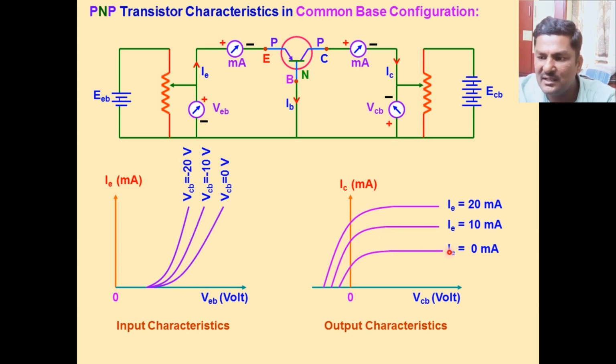Students, observe that when the IE value changes, at a particular value of VCB the IC value starts and changes. If we increase the value, it shifts to the left side.